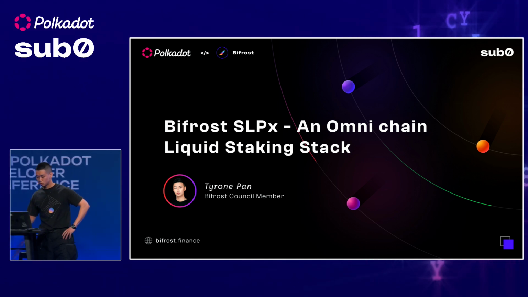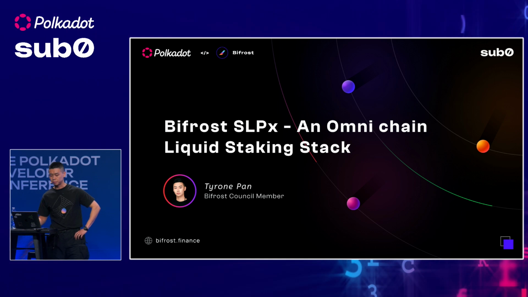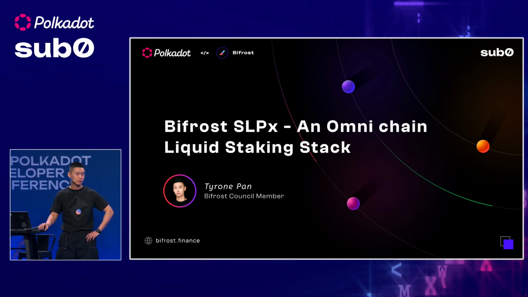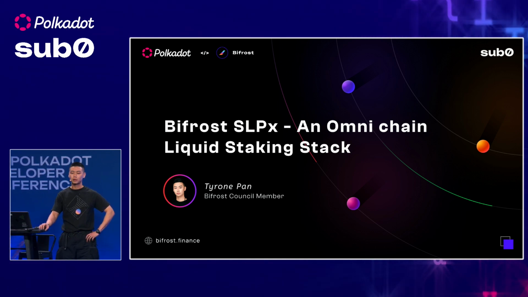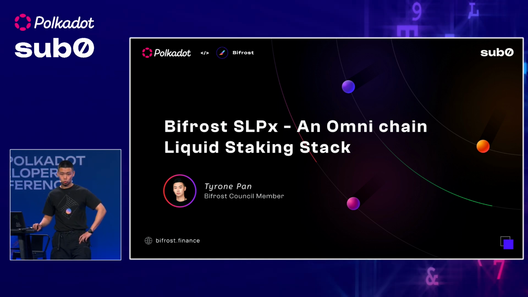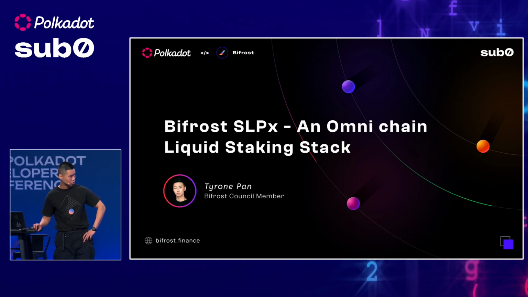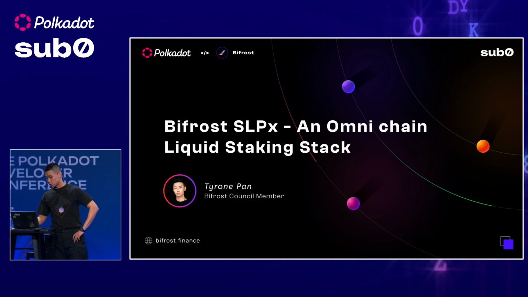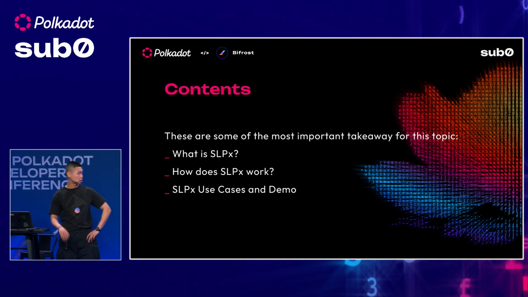So today I'm going to talk about the Bifrost liquid staking stack. Bifrost is actually a Polkadot parachain which does liquid staking and provides liquid staking services to multiple chains. Let's get started on the interesting parts.